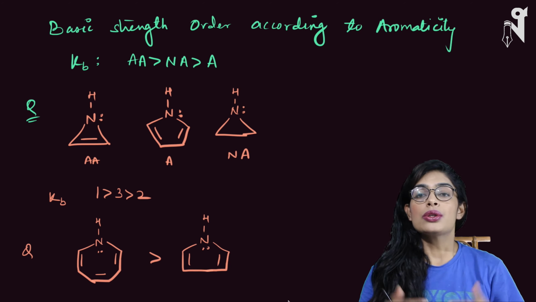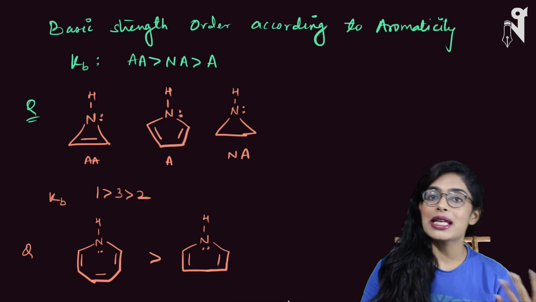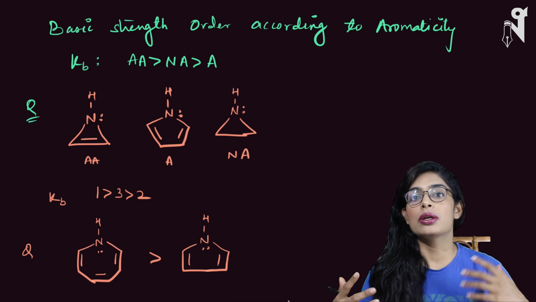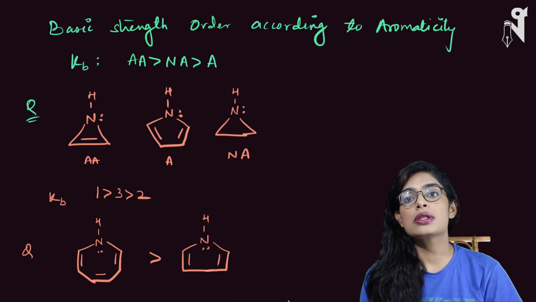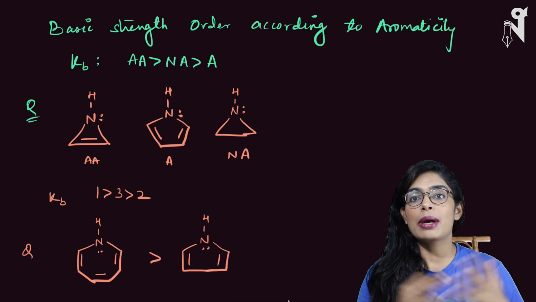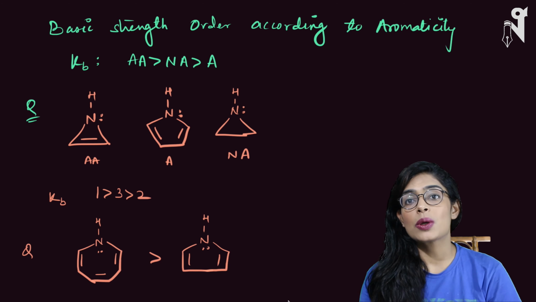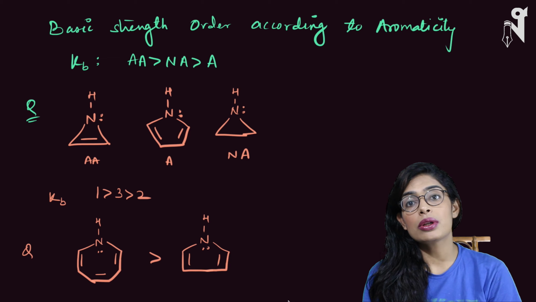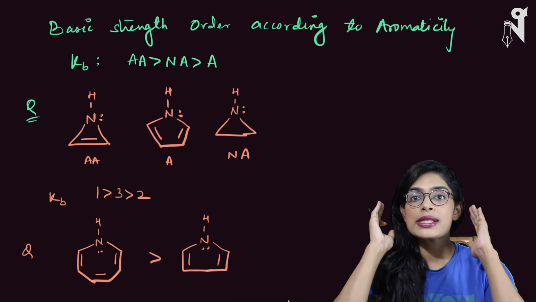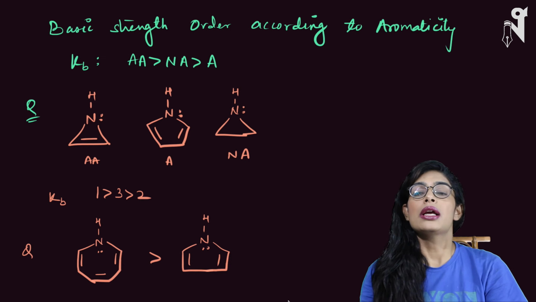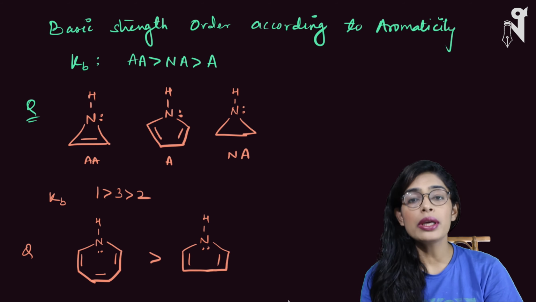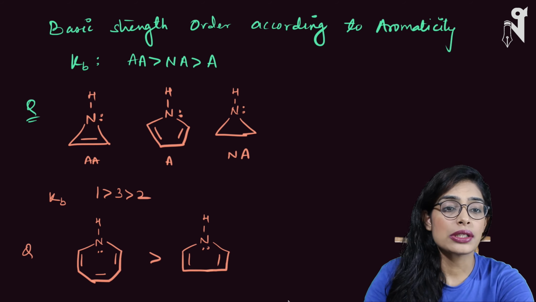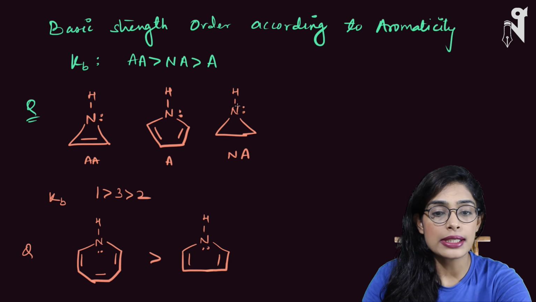So, how to judge if a compound is anti aromatic or non aromatic or aromatic, or let's say you have been given a set of compounds where the aromaticity, anti-aromaticity, and all these concepts are involved, how to figure out the basic strength order over there, what we have to exactly think of while marking them according to their KB order. Okay, so today we'll be starting with basic strength order according to the aromaticity.